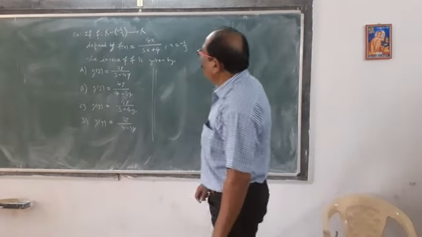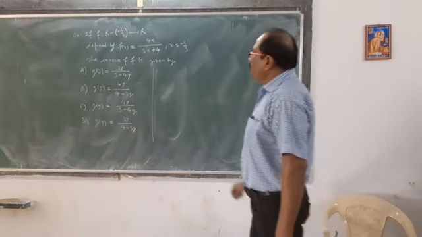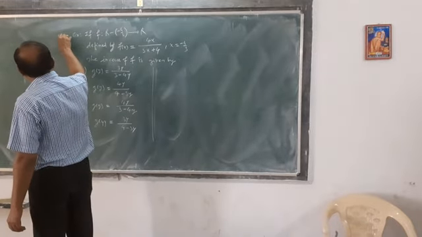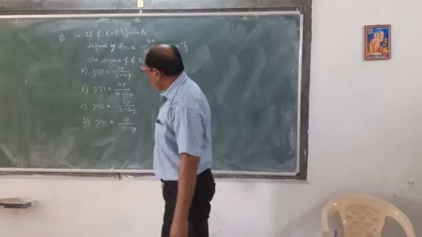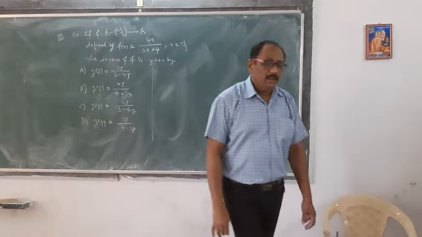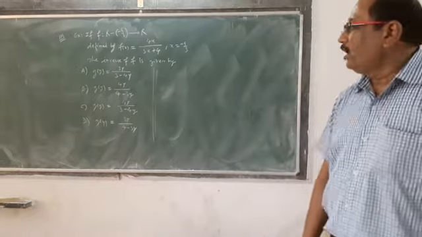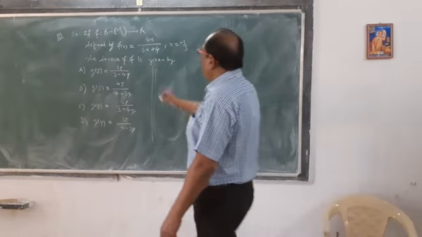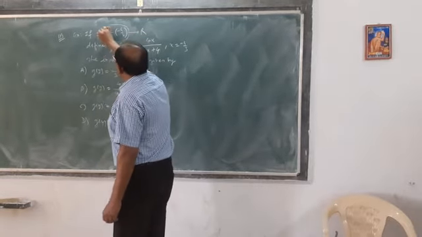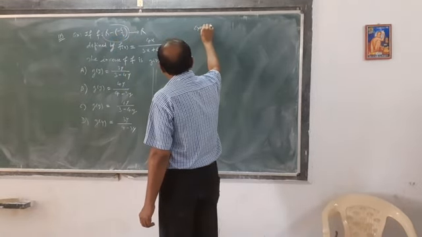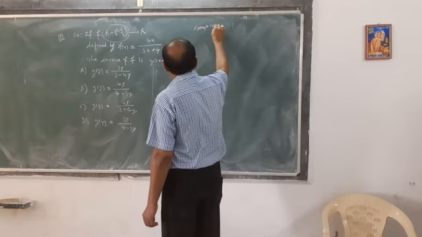Let me try to solve this example. Such types of examples are frequently asked in board examination for 1 mark. 4 options are given A, B, C, D. We have to choose the correct option. Here the function is from R minus 4 by 3, which means domain is the set of real numbers except minus 4 upon 3.